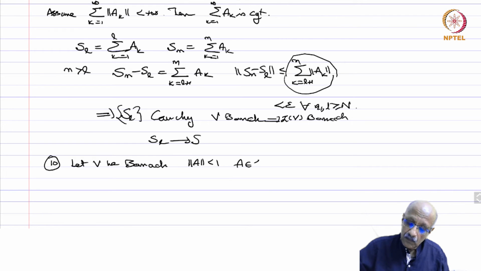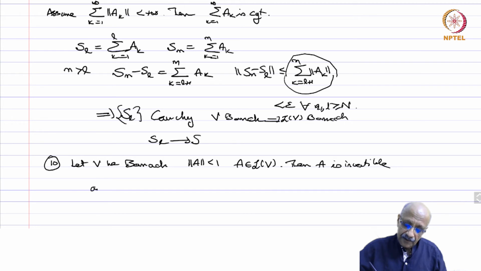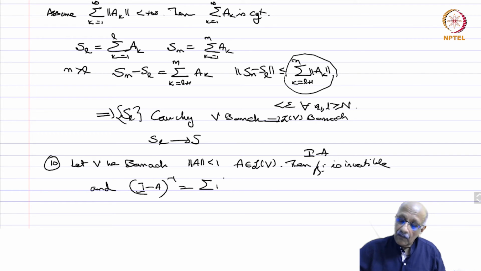Then I minus A is invertible, where I is the identity, and (I minus A) inverse is I plus sigma k equals 1 to infinity of A to the power k.